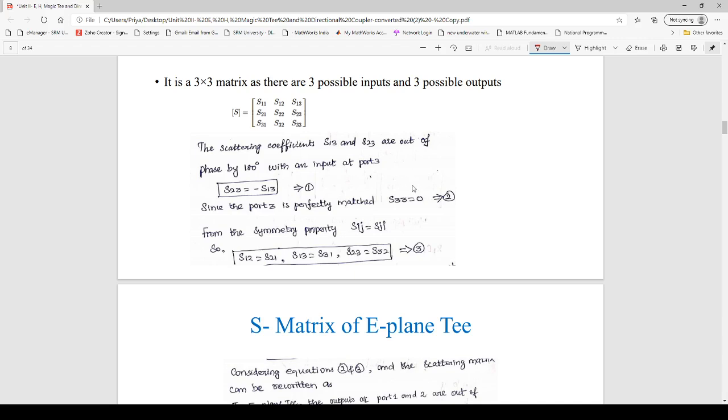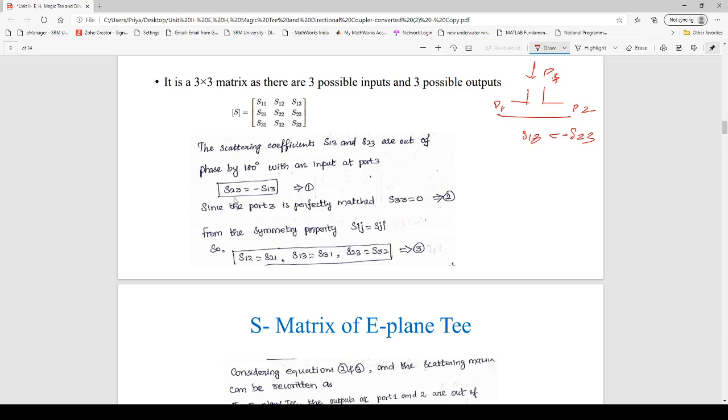Next, we know that port 1 and port 2 are out of phase by 180 degrees with the input at port 3. Because of this property, I can say S13 is equal to S23 in magnitude but opposite in phase.